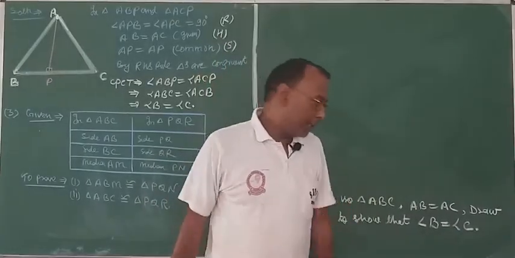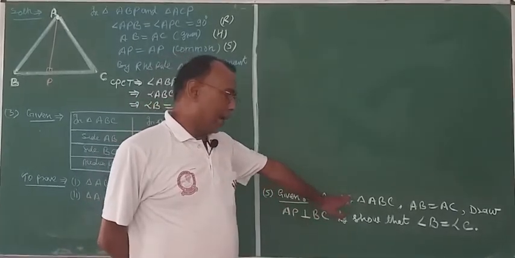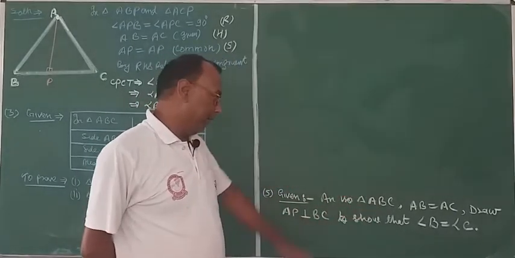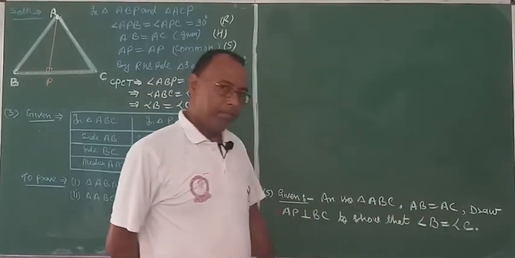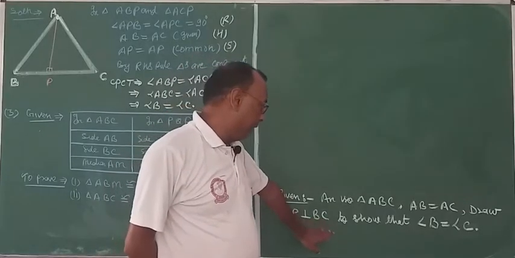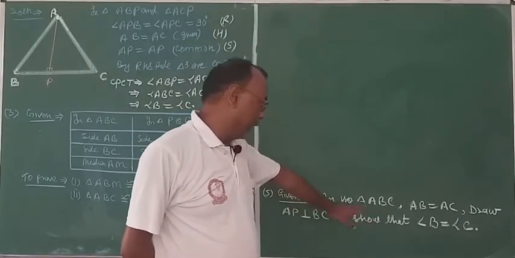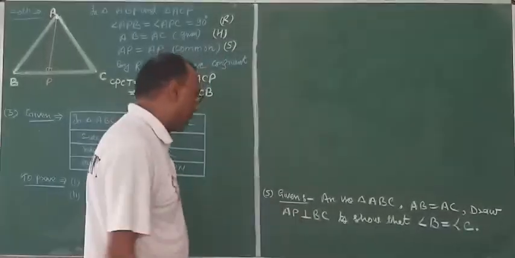Now just look at this question number 5. You are given an isosceles triangle ABC in which AB is equal to AC. Draw AP perpendicular to BC to show that angle B is equal to angle C. So what are you given?